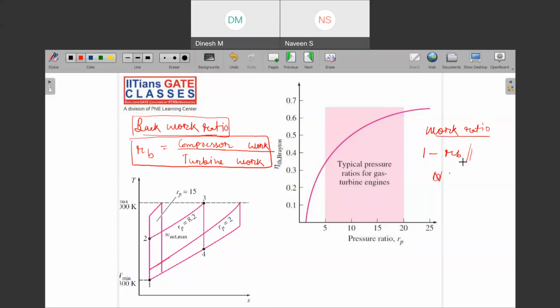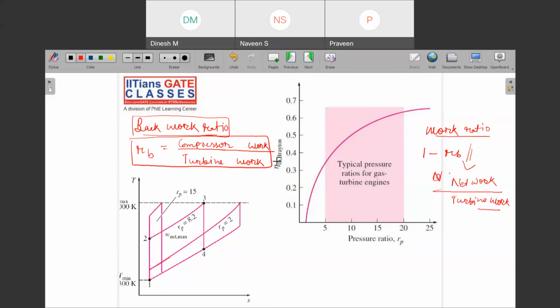So work ratio is nothing but net work divided by turbine work. This is very important. Sometimes they will give you the hints for turbine work and compressor work, and they will ask you to tell the back work ratio, the work ratio, and like that.